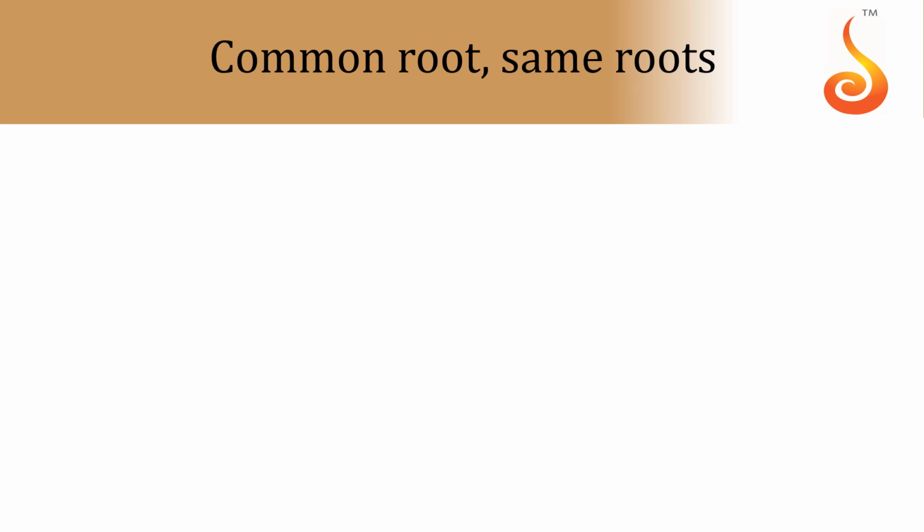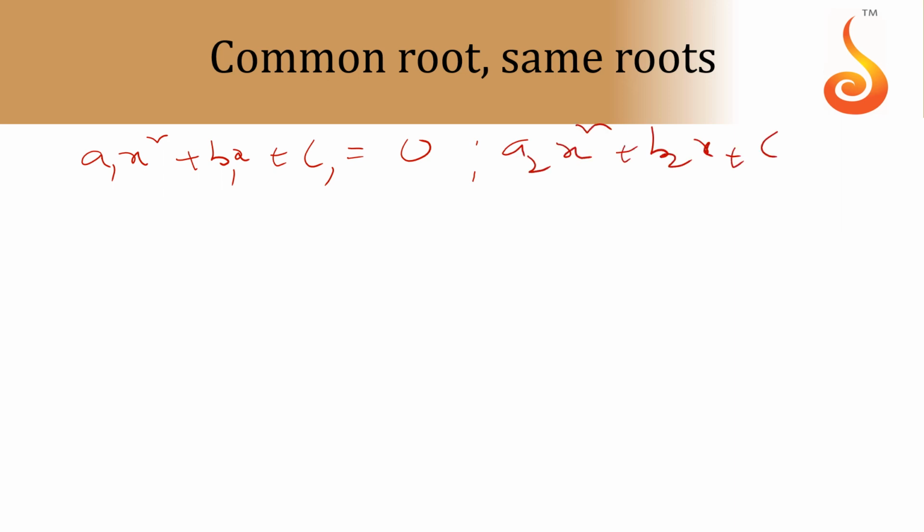Common root, same roots. For example, I have ax square plus bx plus c equal to 0, quadratic. Let us take a1, b1, c1, and a2x square plus b2x plus c2 equal to 0. Suppose they have a common root. Let that common root be alpha. So I can substitute alpha in a1 alpha square, b1 alpha, like that.